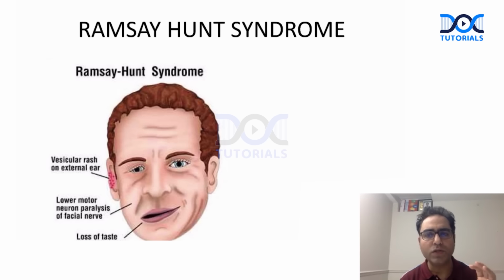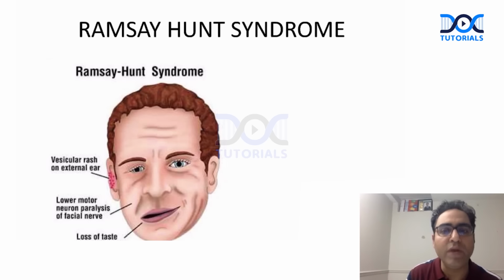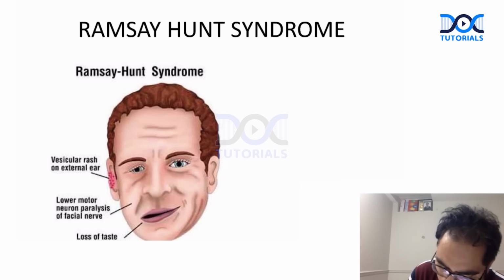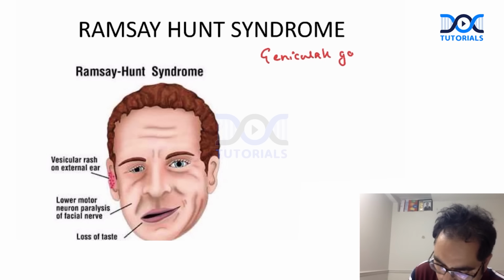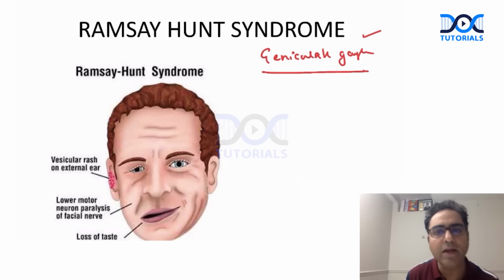Now, very important question for anatomy and ENT medicine both, Ramsay Hunt syndrome, which is due to the reactivation of varicella-zoster virus. What is the site of lesion in this? The answer is geniculate ganglion. Where does this virus reside? In the geniculate ganglion at the first genu of the facial nerve. What are the typical features?